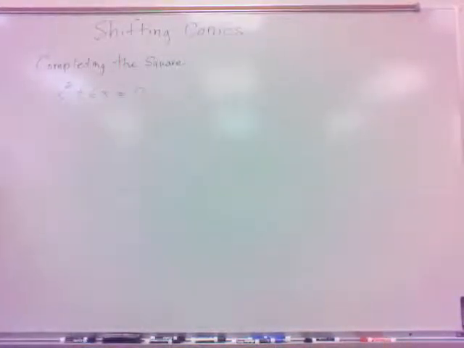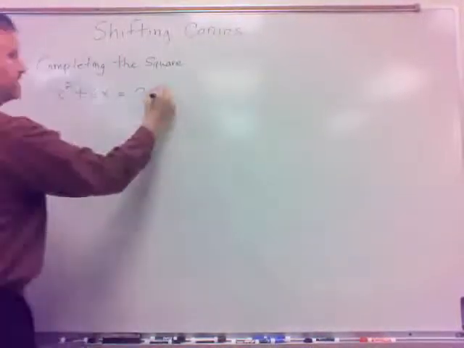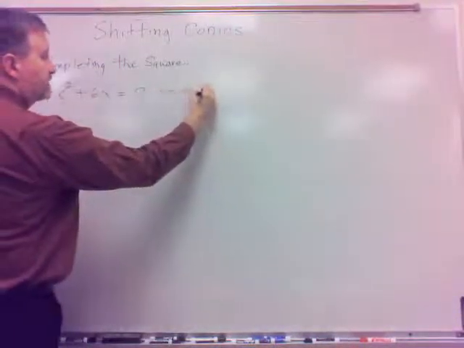We can use this different ways, but I have a specific thing in mind for circles, but this is just to give you an idea of how it works. What I want to do is complete the square on my x's there.